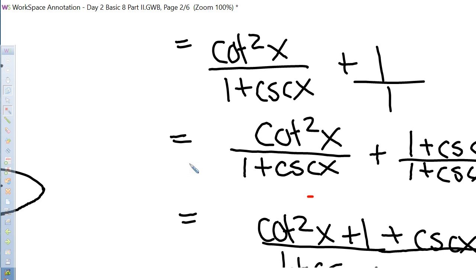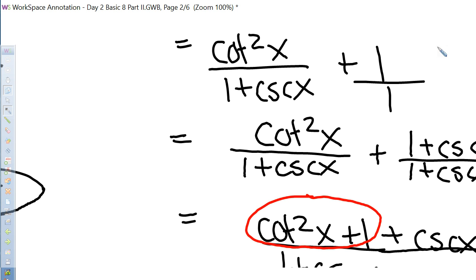What do you notice right here? Could that be a Pythagorean identity? If you have a squared trig plus 1? Let's see. Sine squared plus cosine squared equals 1.